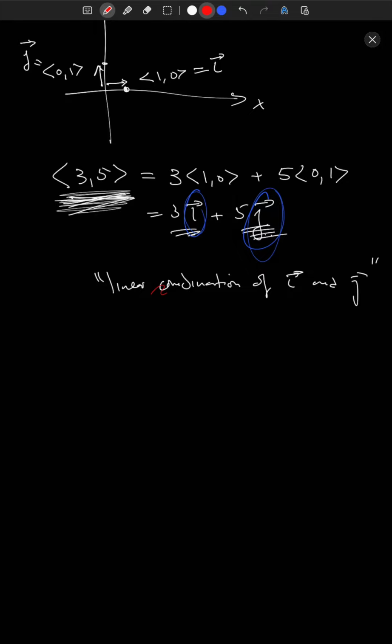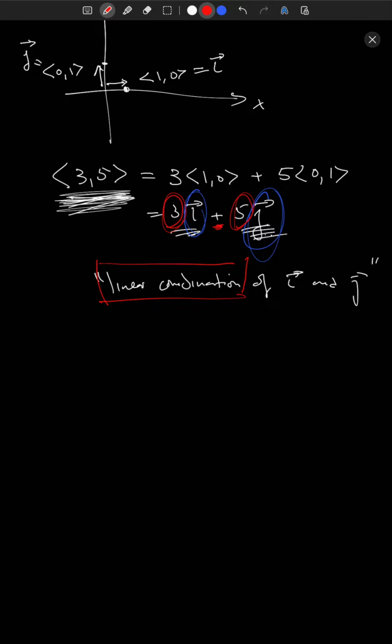What linear combination means is we're taking i and j and multiplying numbers to them, 3 and 5, and adding or subtracting them. Very simple in our situation, but the term linear combination is really important.